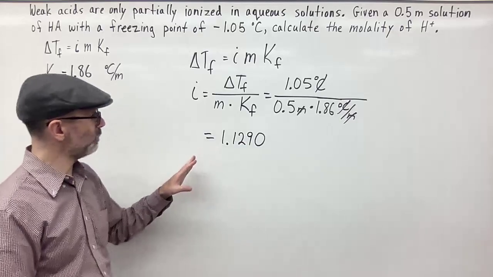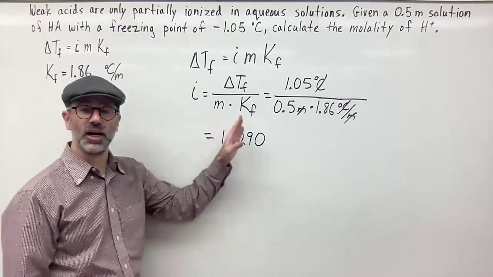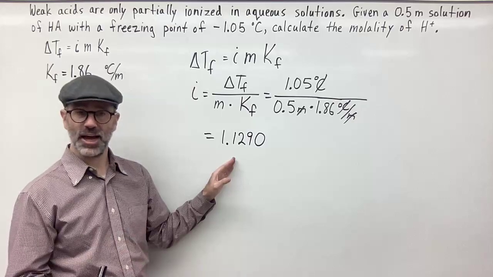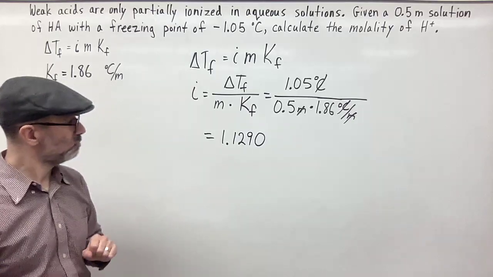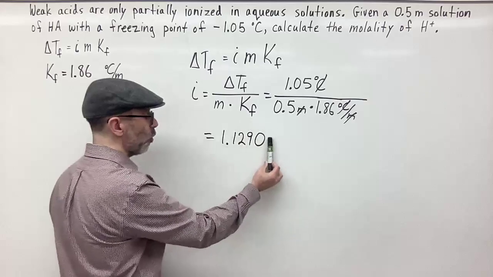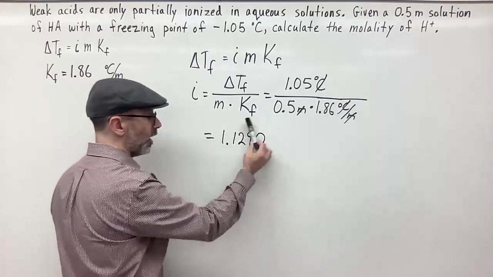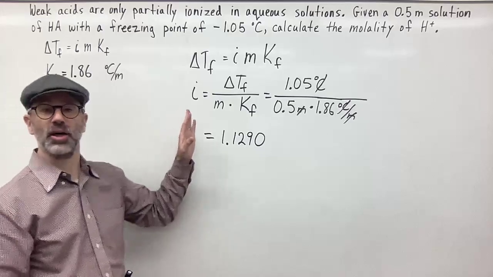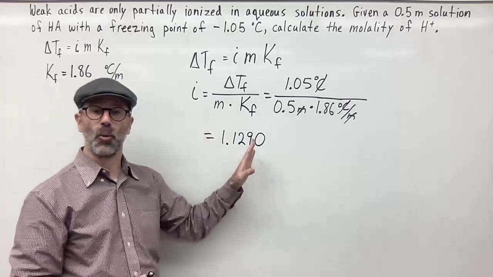So that means for every one of the particles we dissolve of our HA, our weak acid, we're getting an extra 0.1290 added. So we start with one molecule and end up with 1.1290 particles.